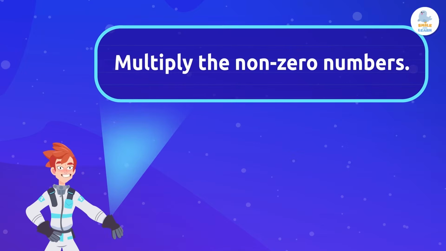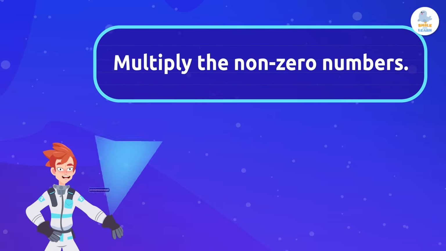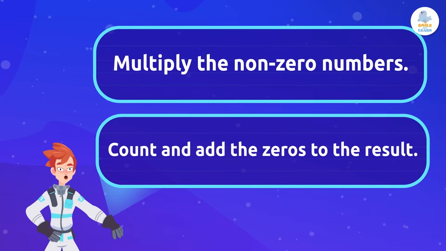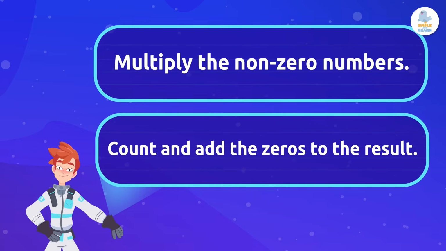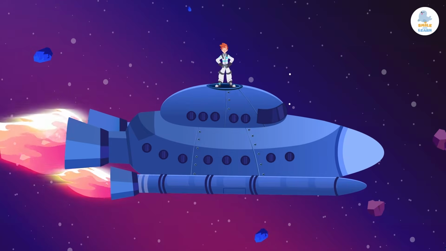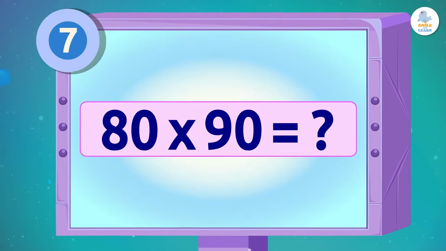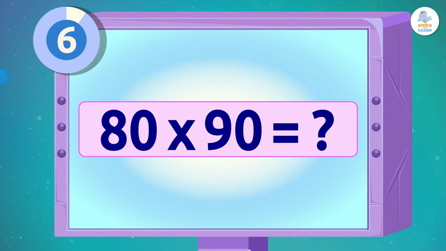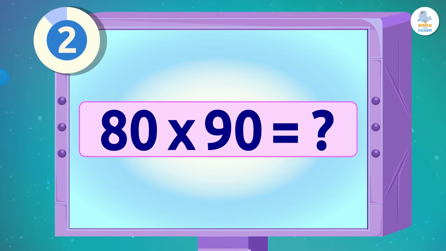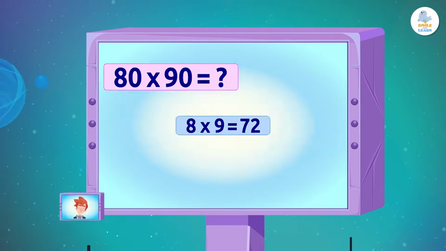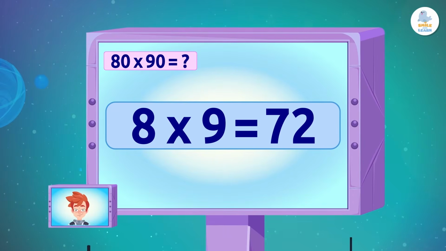First, we multiply the non-zero numbers. Then, we count and add the zeros to the final result. Easy, isn't it? Let's do some examples to practice. What is 80 times 90? Let's follow the trick we just learned.